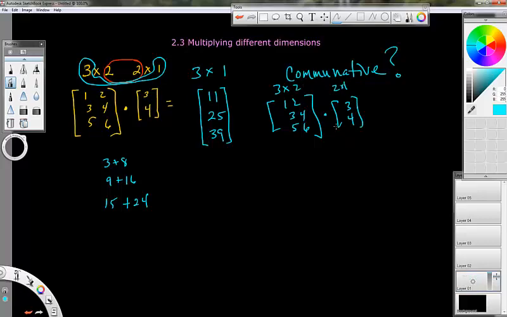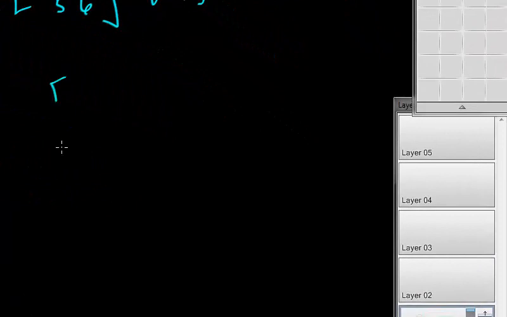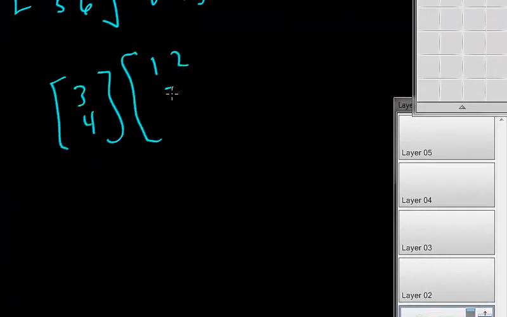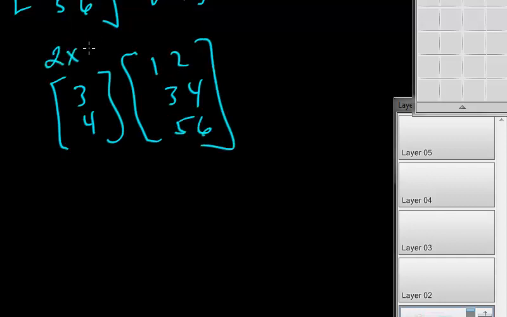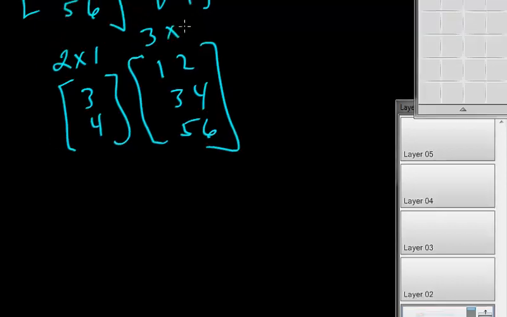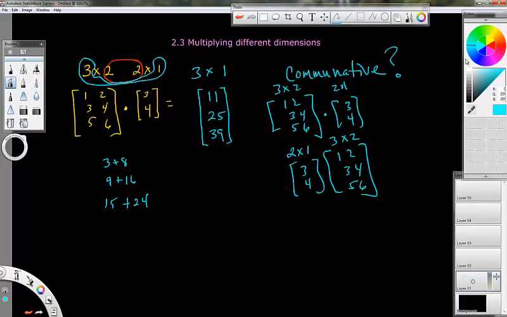You can multiply that. But if I invert these and take a 3 and a 4 times this other matrix, 1, 2, 3, 4, 5, 6, this is now a 2 by 1 and a 3 by 2. Can I multiply that? No, you can't multiply that because the inner dimensions don't match.